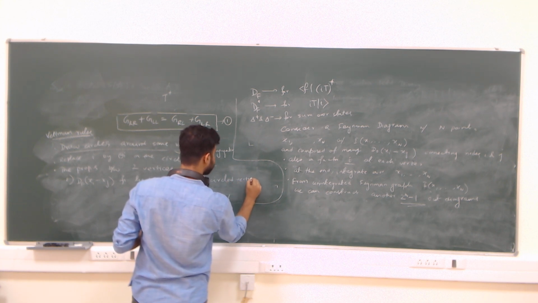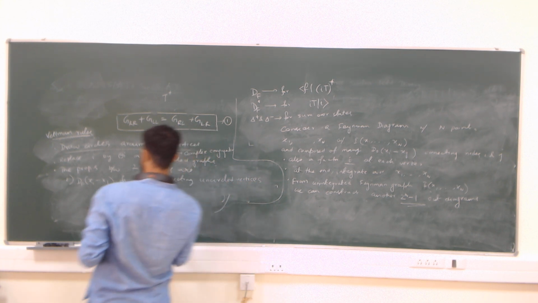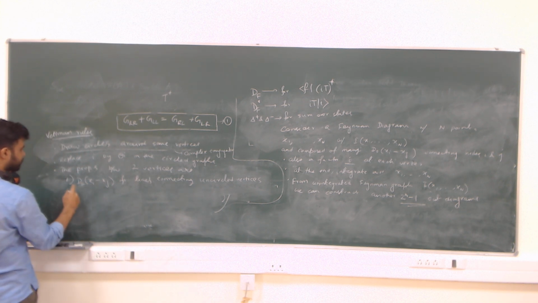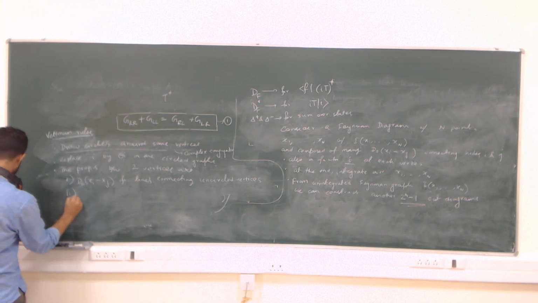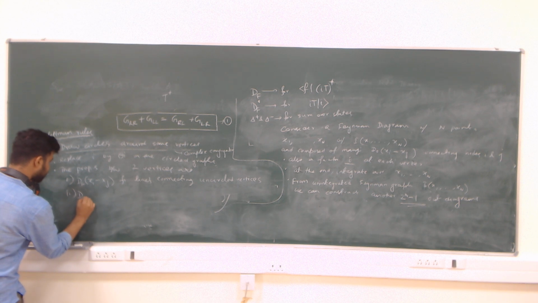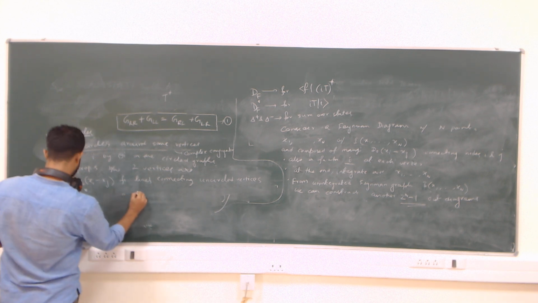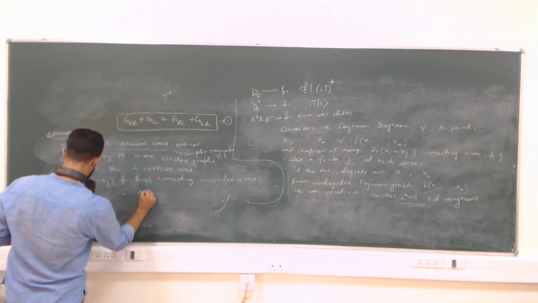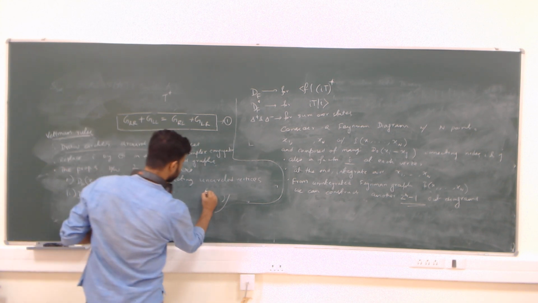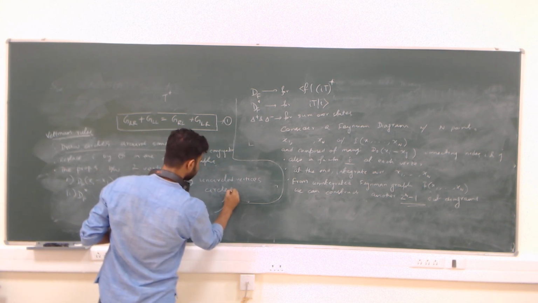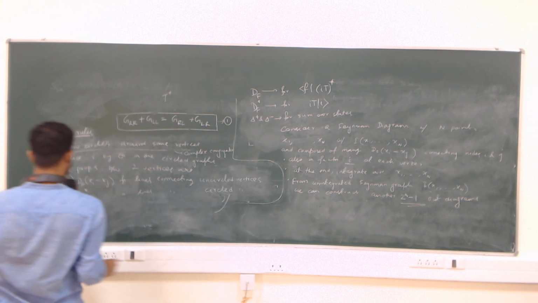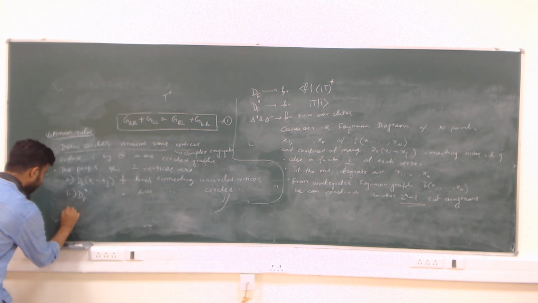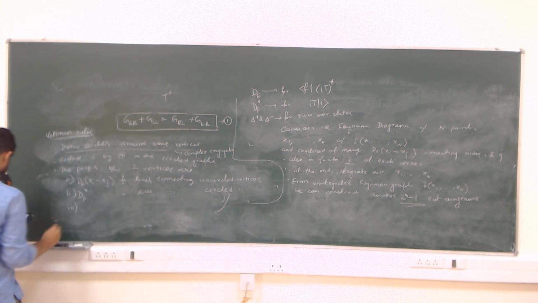If both vertices are uncircled, then we associate the usual Green's function, the time-ordered Green's function. Delta star will be for lines connecting two circled vertices, that is the anti-time-ordered one.